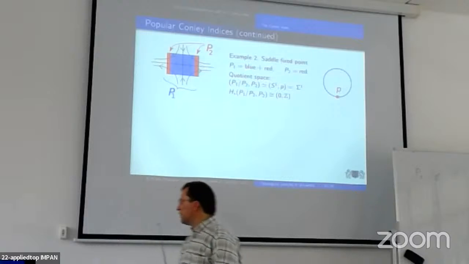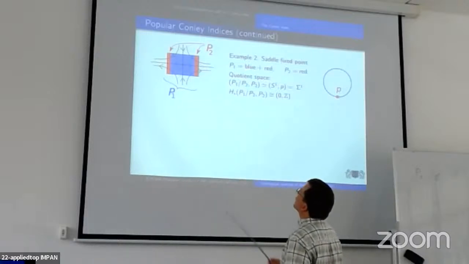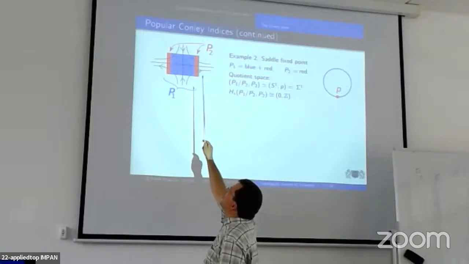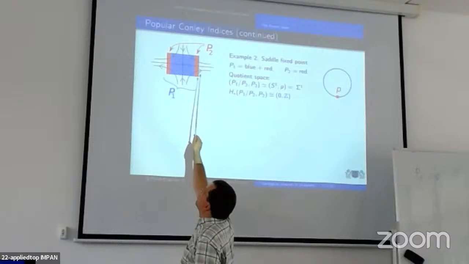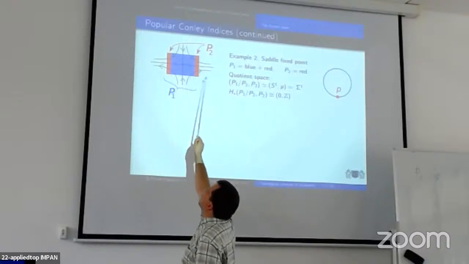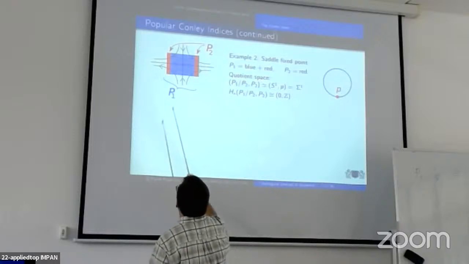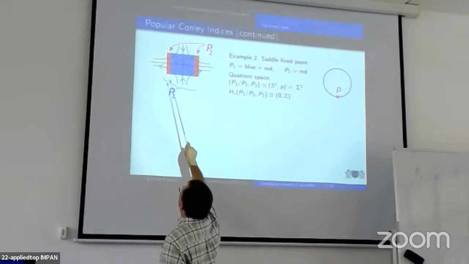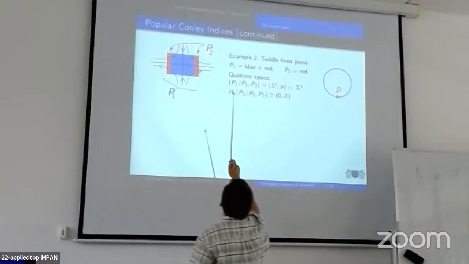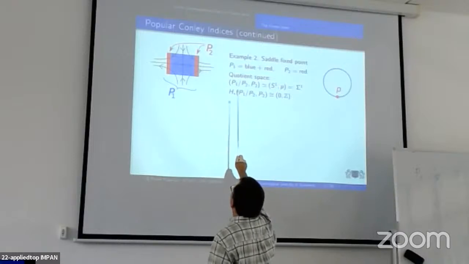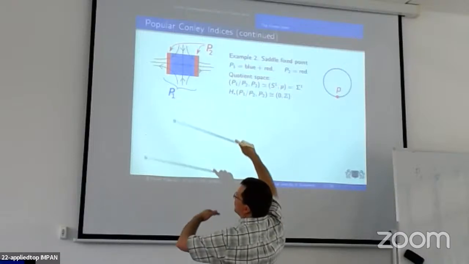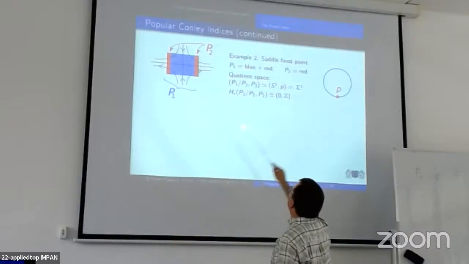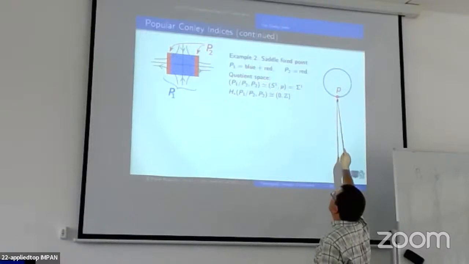Let's take another example. This is also a fixed point, but now it's a saddle-like point. It's hyperbolic, so there's one attractive direction and one repelling direction. An index pair might look like this. We have P1 as the union of blue and red, and the exit set is red. If we compute the relative homology, we can squeeze this set by homotopy, and we get the circle with this specific point.